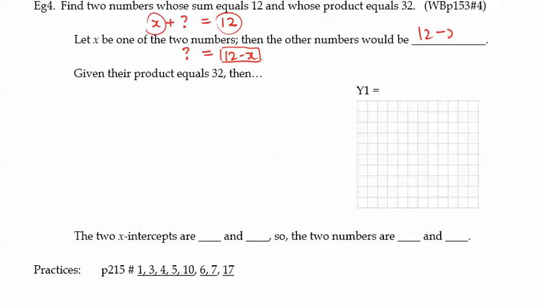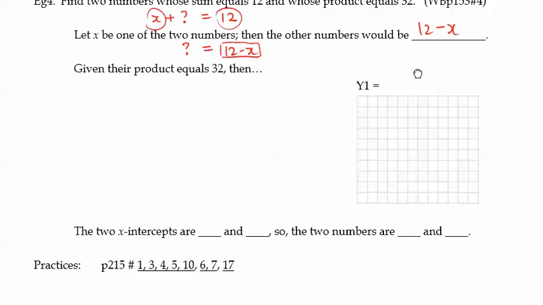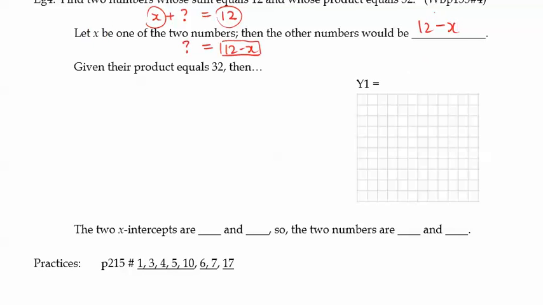Now, we don't need to create a new variable. We can stick with x, work with the 12 as well, and use the x and the number here to create a second equation. The question tells us these two numbers multiply to 32.